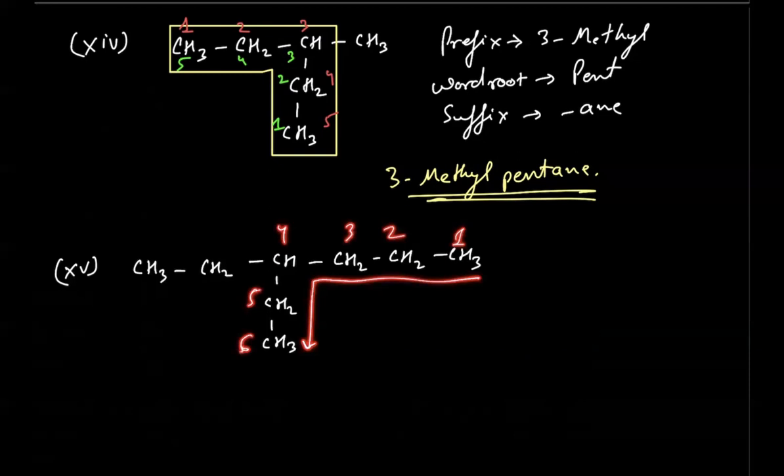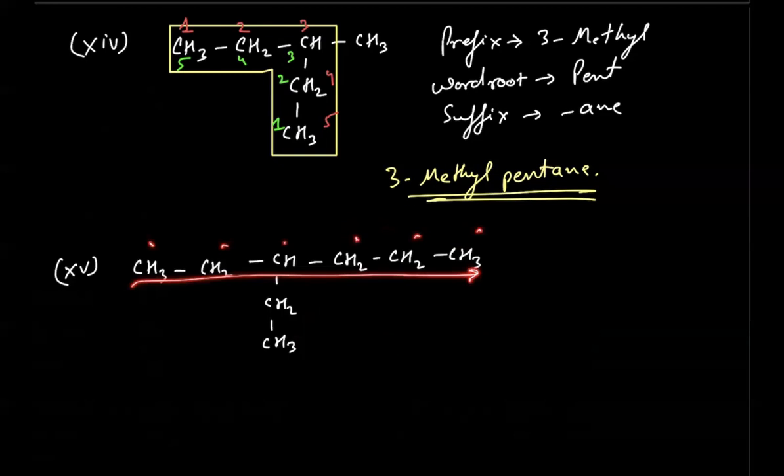So we just saw that the maximum possible carbon chain is 6.